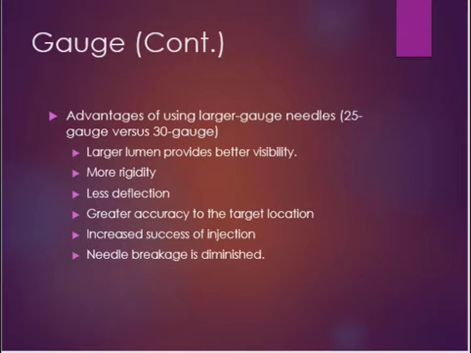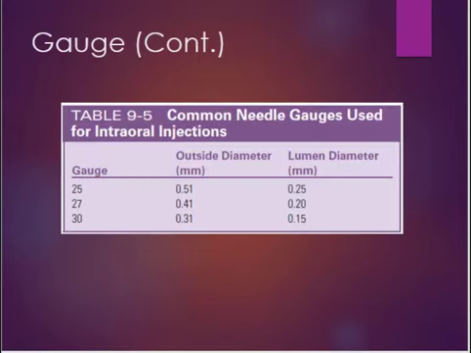Now, we're going to talk about different injections, but it's recommended that the clinician use the 25 gauge needle for the IA or inferior alveolar block, PSA, and mental nerve blocks. Here's a chart to kind of show you the common needle gauges used for intraoral injections.